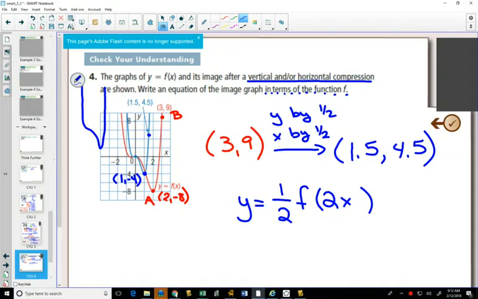I'm going to call this corresponding point on the image, and this is often notation you'll see on an image graph, A prime with a little dash. That means that that point was connected to this point A. And this point here I'll call B prime, B with a little dash, telling me that it was connected to the original point B.